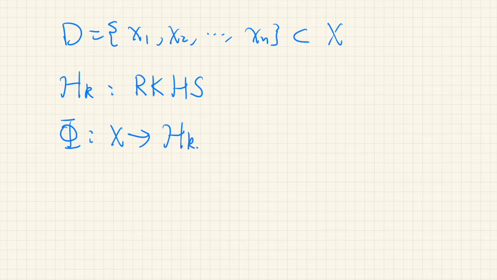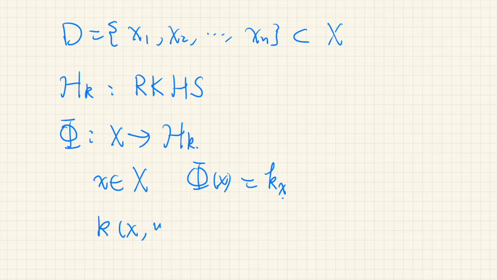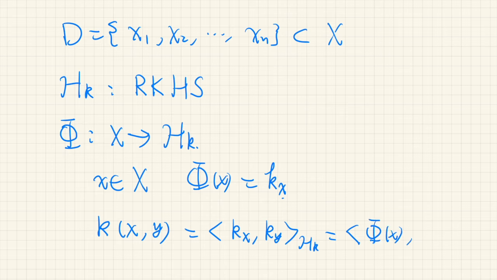Consider this map as follows. Let x be an element of X, and then phi of x is the reproducing kernel parameterized by the point x. This implies that the kernel function at x and y is equal to the inner product between kx and ky in Hk, which is equal to phi of x and phi of y in the Hilbert space.